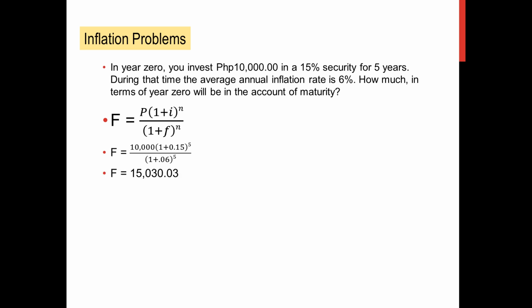Therefore, your 10,000 pesos will amount to 15,030 pesos and 0.003. Notice that this investment should be feasible in the sense that after 5 years, the worth of money becomes 15,000. So there is a gain of 5,030 pesos and 0.03 centavos.